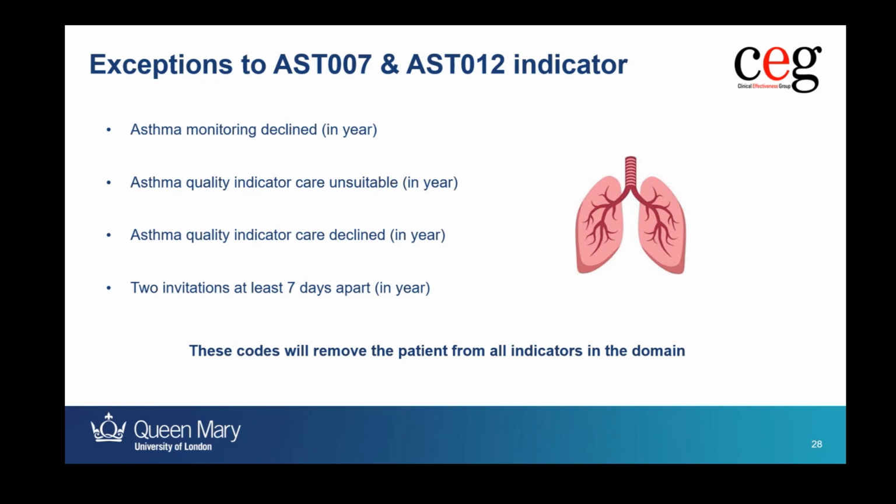You can either code that the patient has declined asthma monitoring, or you can record the quality indicators for if the patient is unsuitable or if they decline, and you can record 2 invitations that are at least 7 days apart, and this will also remove them from the denominator. So all of these codes will remove the patient from all of the indicators for the asthma domain.